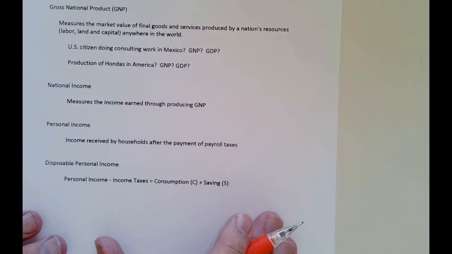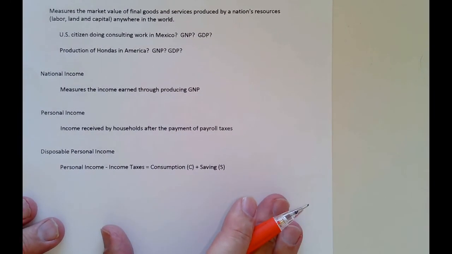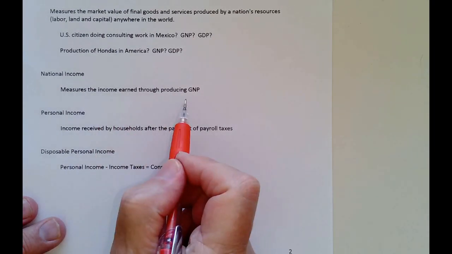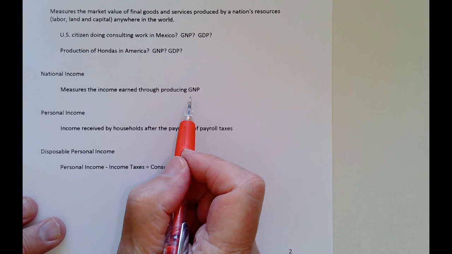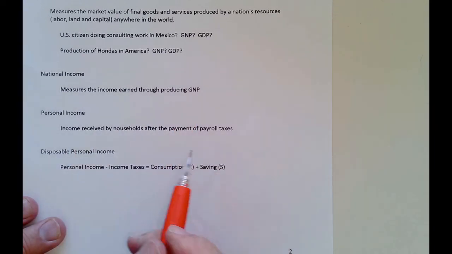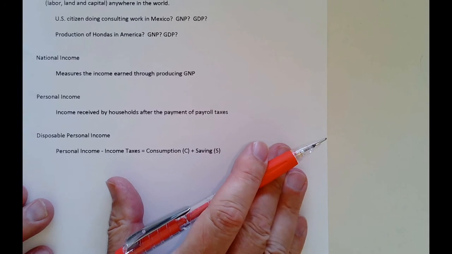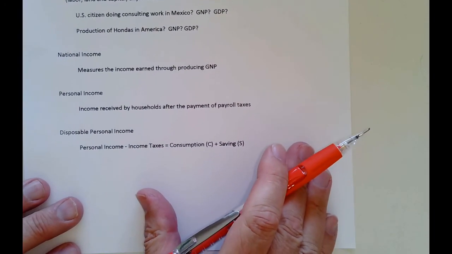And then we have our national income, which measures the income earned through GNP. So it measures all the income earned through gross national product. And so that represents all the income going into households, and that is before taxes. Then we have our personal income, which is national income minus our payroll taxes.